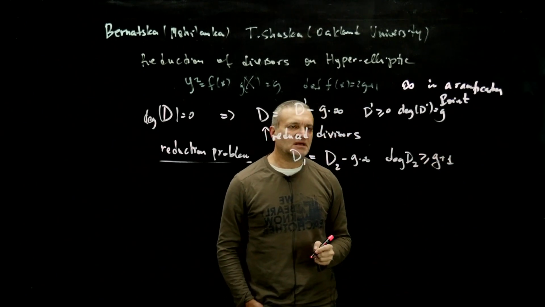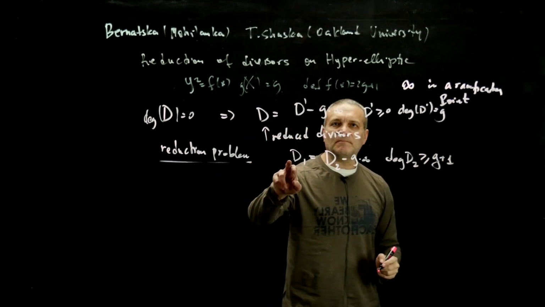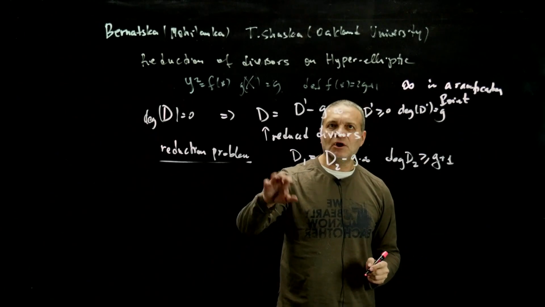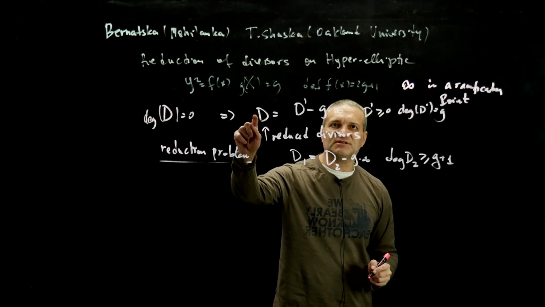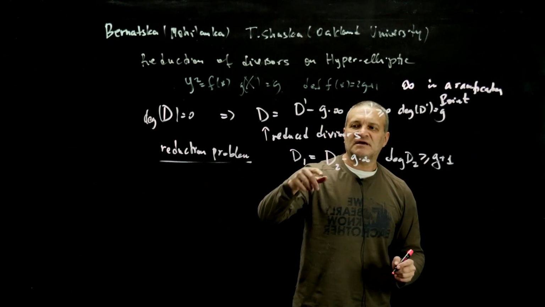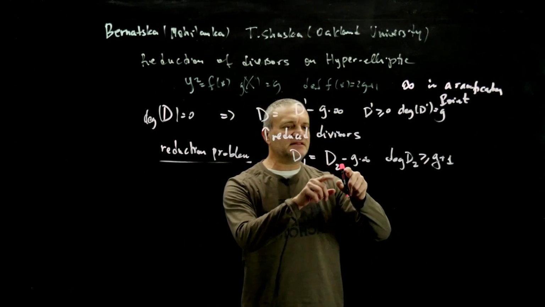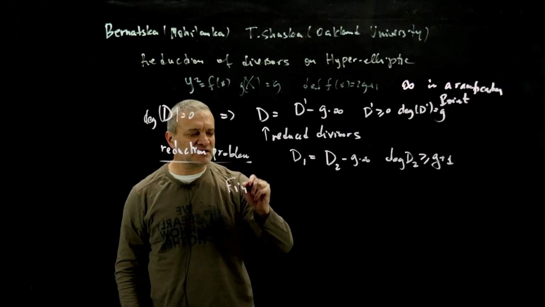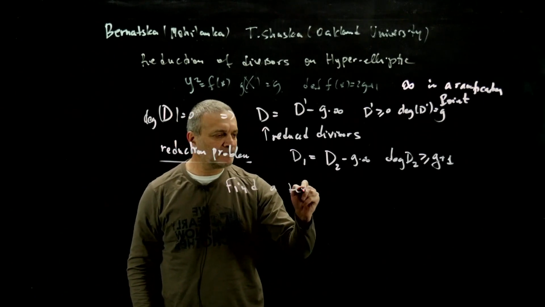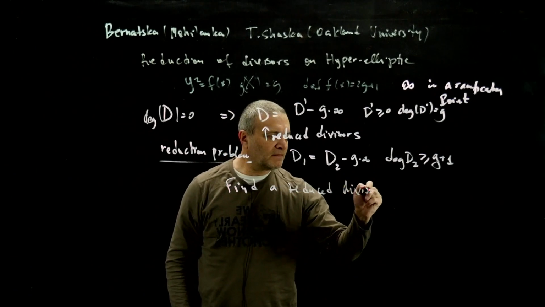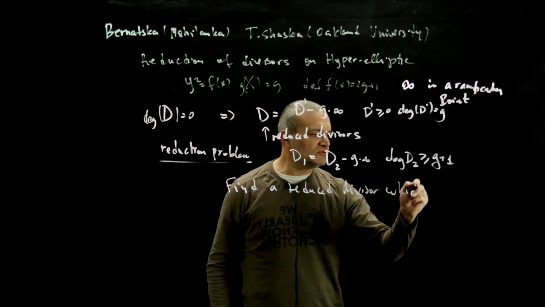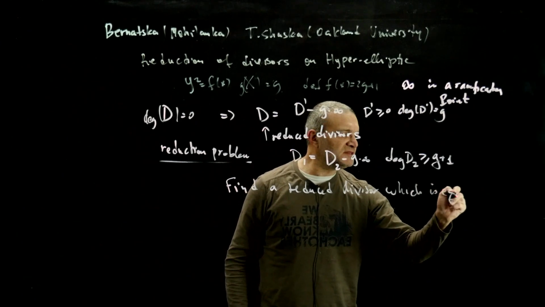By Riemann-Roch, you can take D1 and reduce it. So basically, the reduction problem is to find a reduced divisor which is equivalent to D2 in the Jacobian.